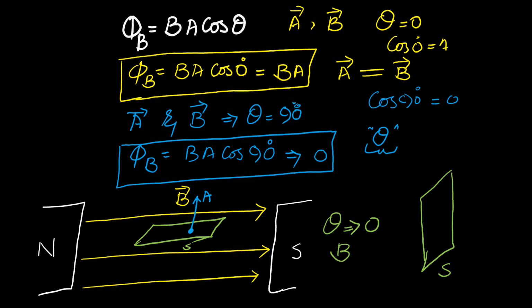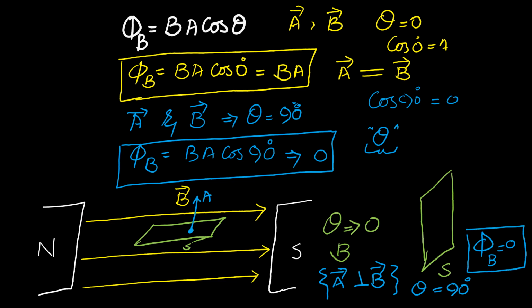So A vector will be perpendicular to the magnetic field. In such a situation, the angle between area vector and magnetic field will be 90. So this means that the flux through this area will be 0.